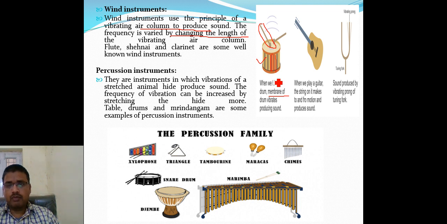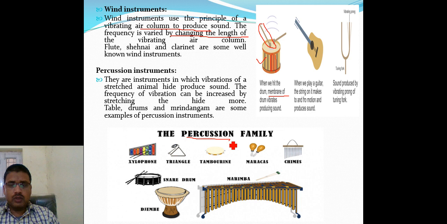But if these are very loose, the sound will not be created as much. That's why in all kinds of percussion, when we strike from the upper side, sound may be produced.